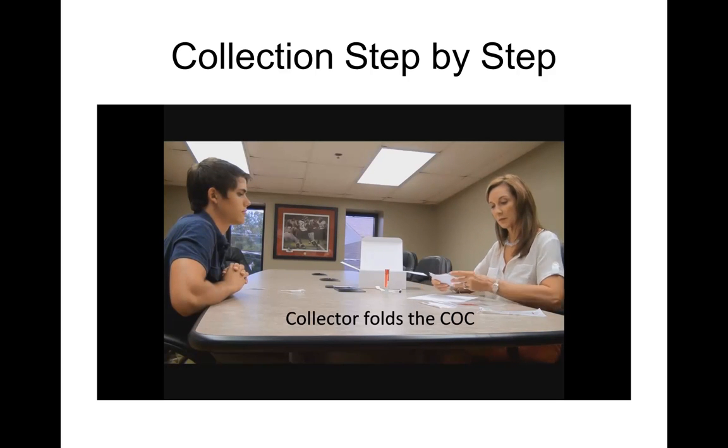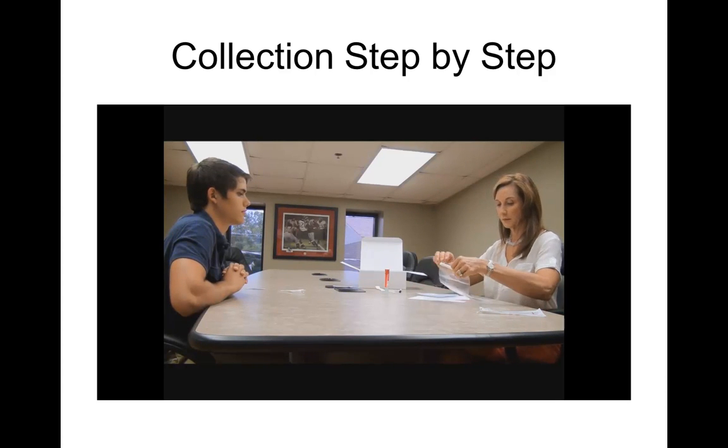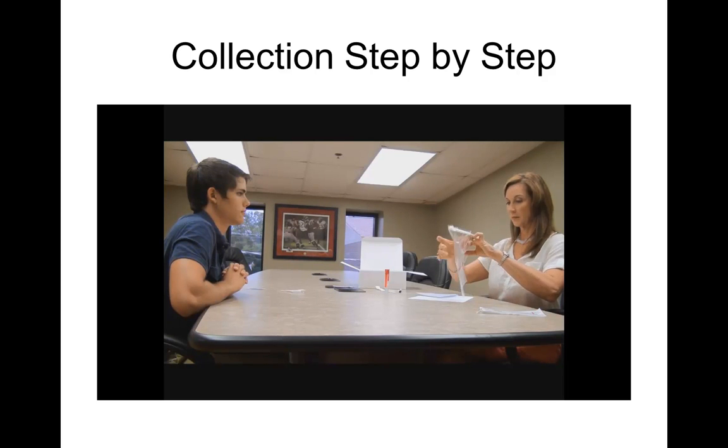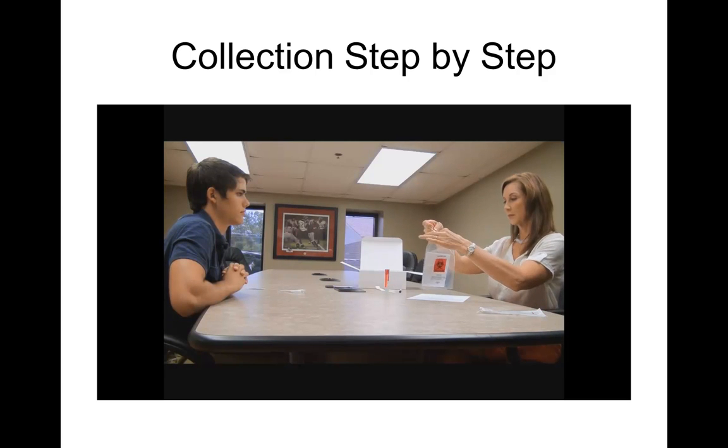Now the collector is going to fold the chain of custody, and you see this bag, and what we want to do is place the folded chain of custody on the inside. See here, she's holding it up. There's two flaps. There's an inside flap, and then the larger one at the top.